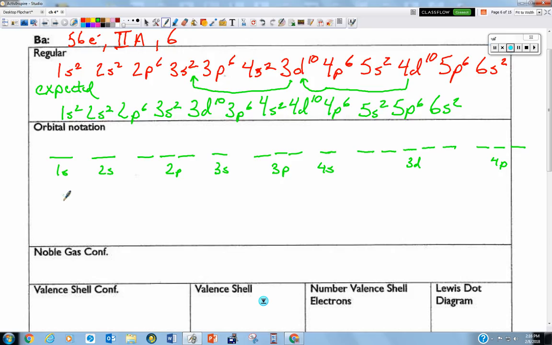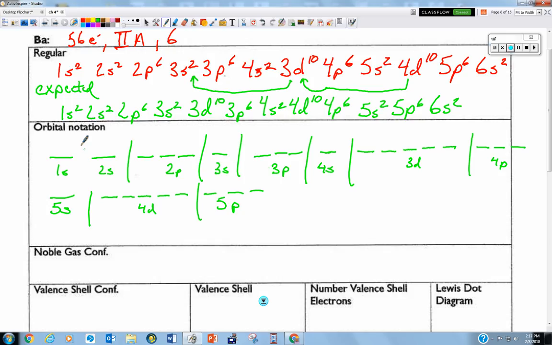And then we're coming to our 5th row, 5S, 1, 4D, 1, 2, 3, 4, 5, 5P, 1, 2, 3. And if you have trouble distinguishing the breaks for your groupings, don't be afraid to draw some little hash marks in between so that you can see.